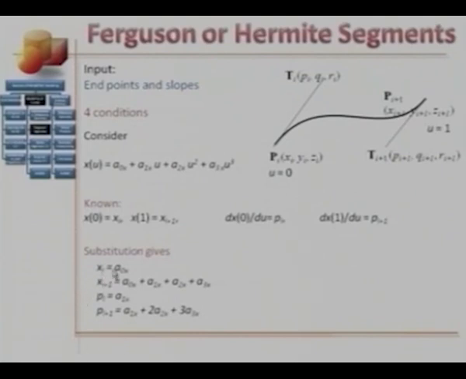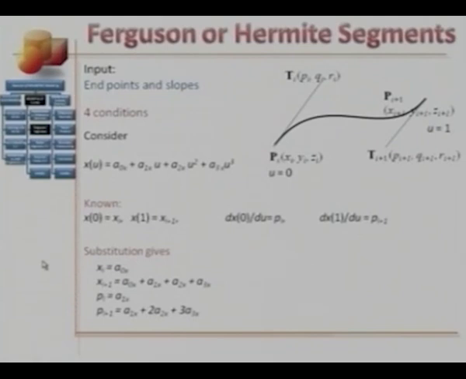xi equals a0x, xi plus 1 equals a0x plus a1x plus a2x plus a3x, pi equals a1x, and pi plus 1 equals a1x plus 2 times a2x plus 3 times a3x.